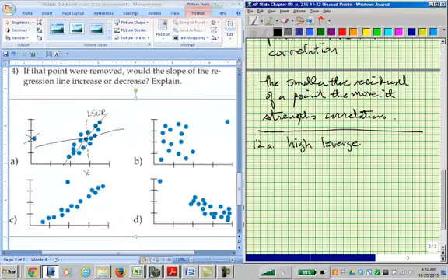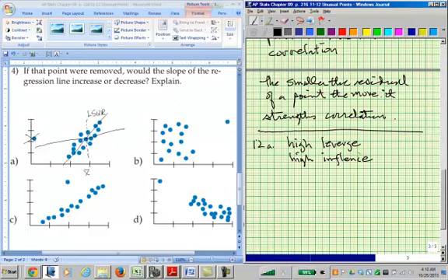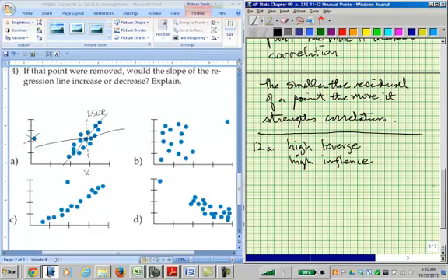It's going to have high influence. But it will have a somewhat large residual. Why is that? Well, it's not good because of the weight of all these other points.